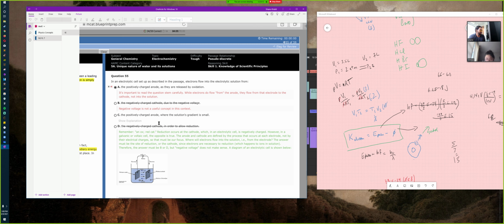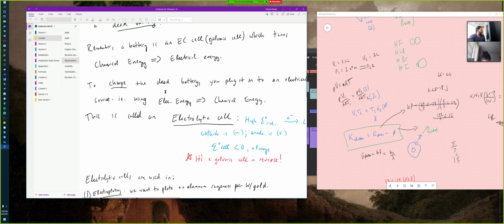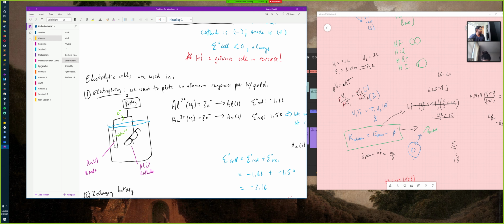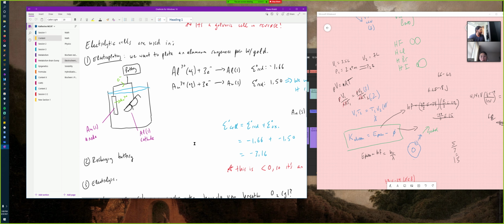So is the passage charging the battery? Yes, electrolytic cell examples include charging a battery. You could also electroplate.